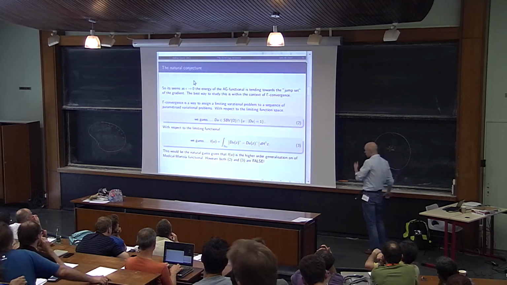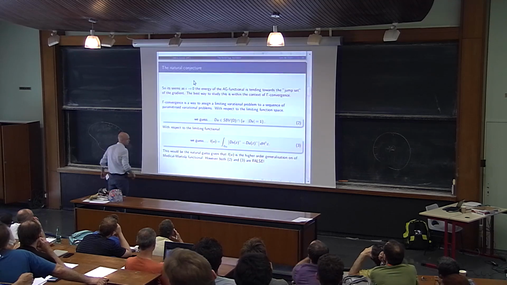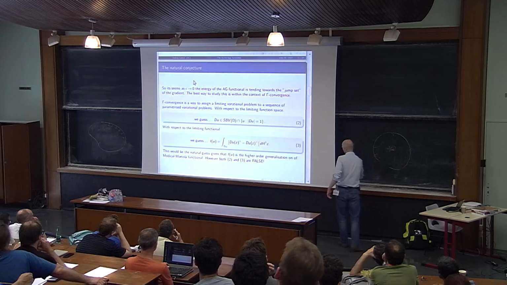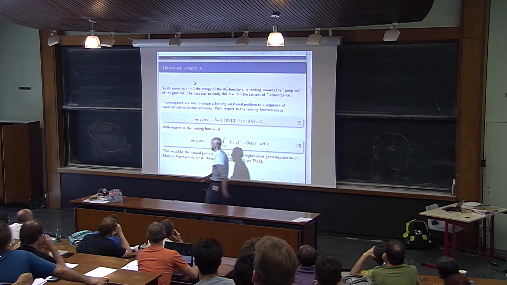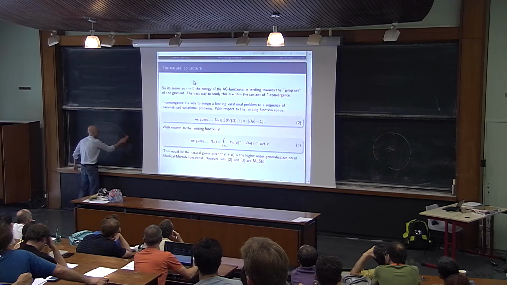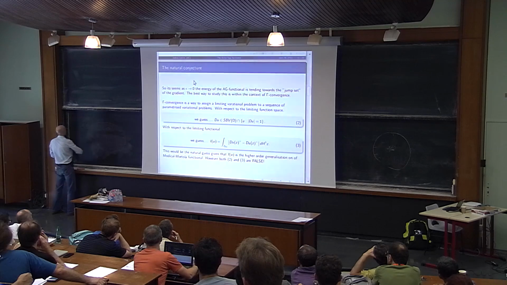Okay, so this thing is a higher order version of a well-known functional which we've already seen today a few times, which is the Modica-Mortola functional. So I'm going to very briefly tell you again about the Modica-Mortola functional.